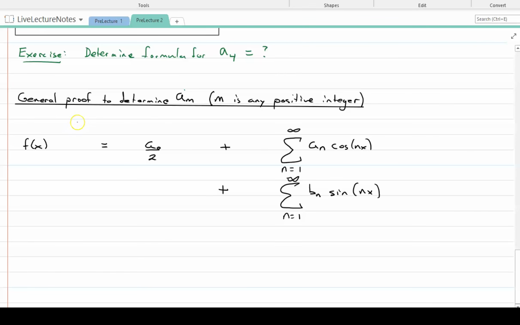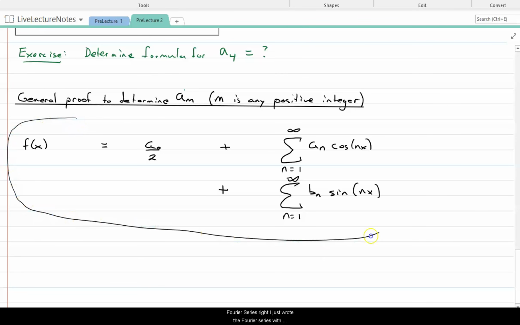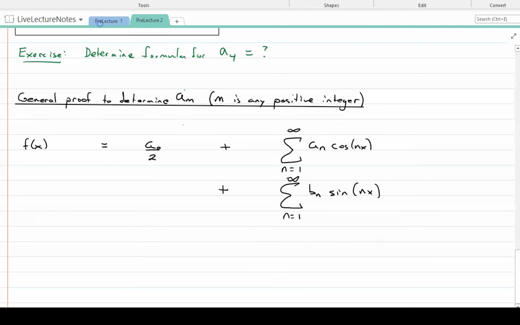So this is the Fourier series for f. I just wrote the Fourier series with the sums in there. And I broke the sums into two pieces, so there's a sum with cosines and a sum with sines, just to give myself some extra space. So there's the constant term here, and then there's the adding up of all the combinations of the cosines and the combinations of the sines. All right, multiply both sides by cosine of mx.